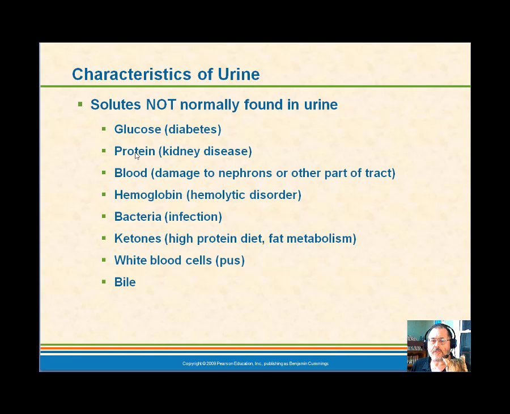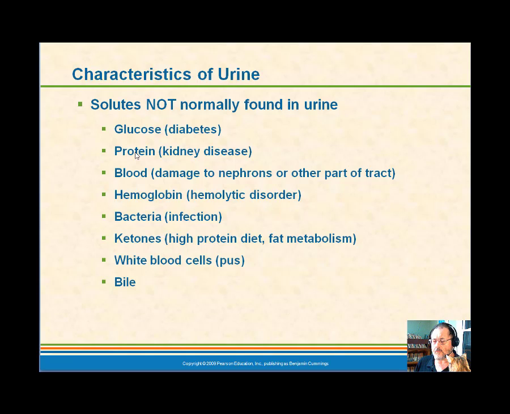Hemoglobin, which we can see if there is a hemolytic disorder of some sort. Bacteria, if there's an infection. Ketones, for high protein diet, fat metabolism. So if you are eating a high protein diet, you may have ketones in your bloodstream, and bile, and also pus or white blood cells.